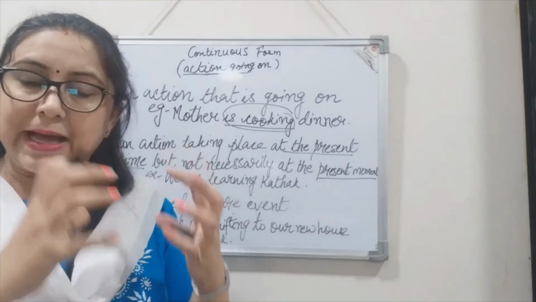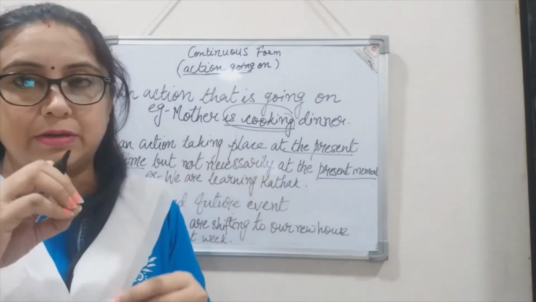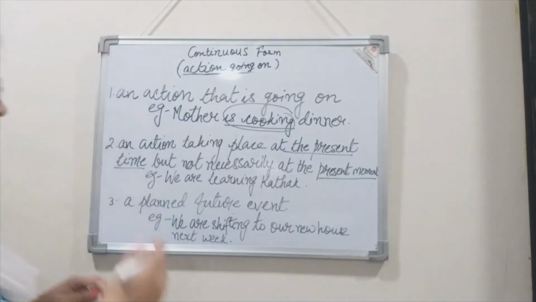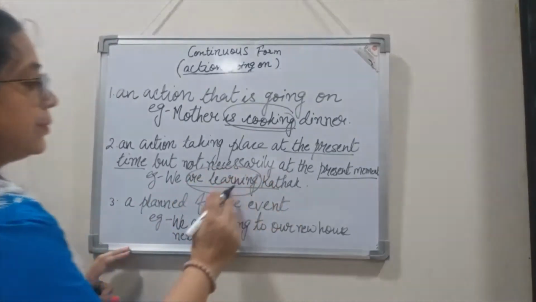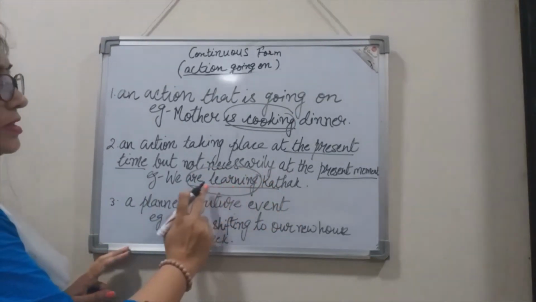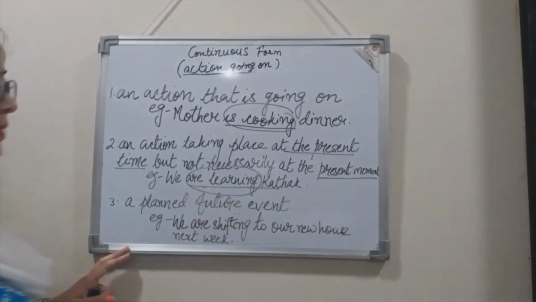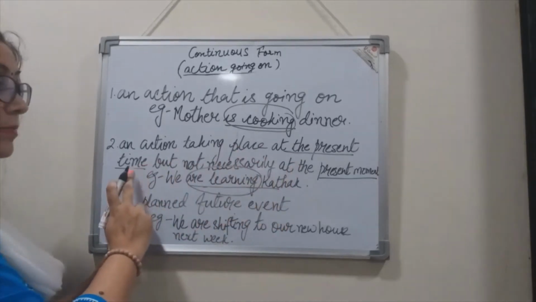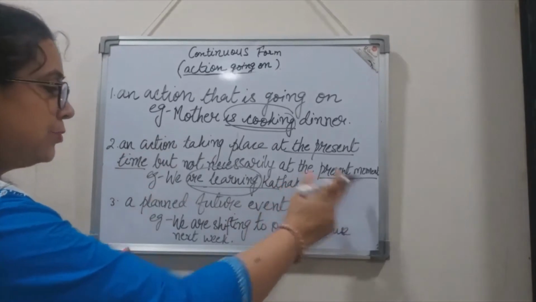At the present time, it's talking about the time, but at the moment of speaking, it might not be happening. So here, are learning is in present continuous tense, because we are talking about the present time, but not necessarily the present moment.